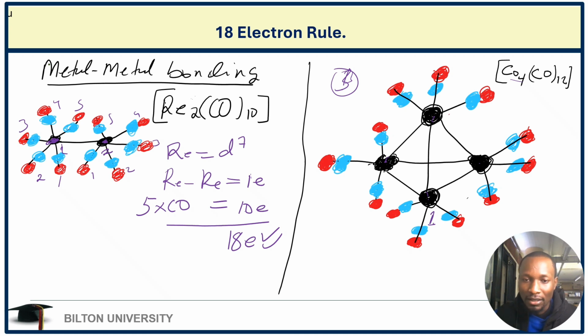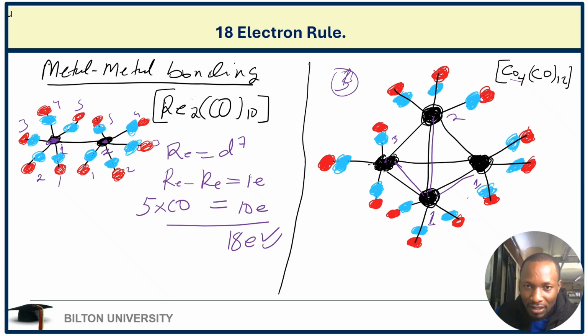So if I look at this metal on the right hand side, this is our metal number 1, and this is our metal number 2. We can see it is connected to it, and we can see there's also another bond connected to it. So this is number 3. So it means that the cobalt bond is 3. One cobalt metal is connected to 3 different cobalts.